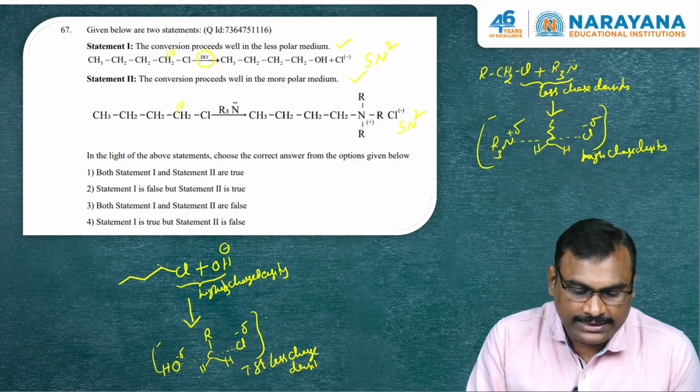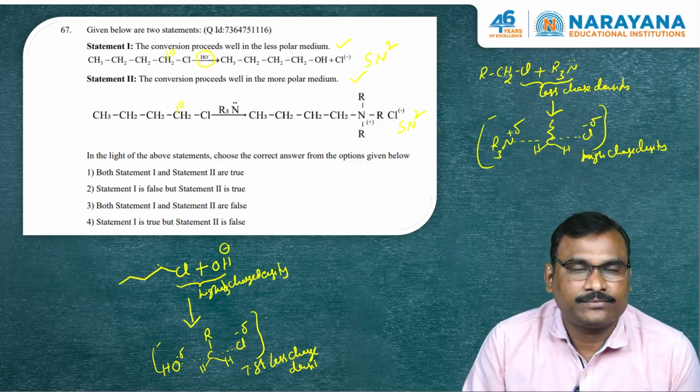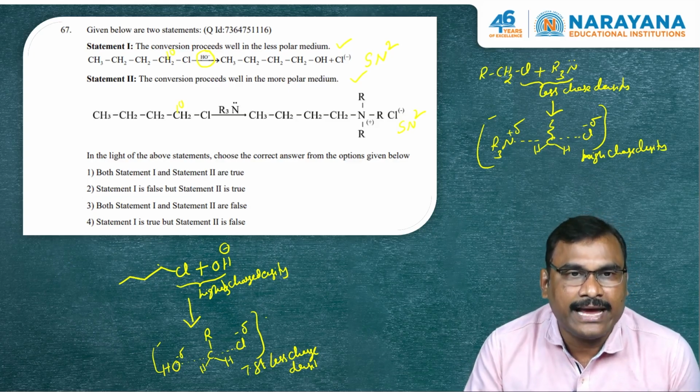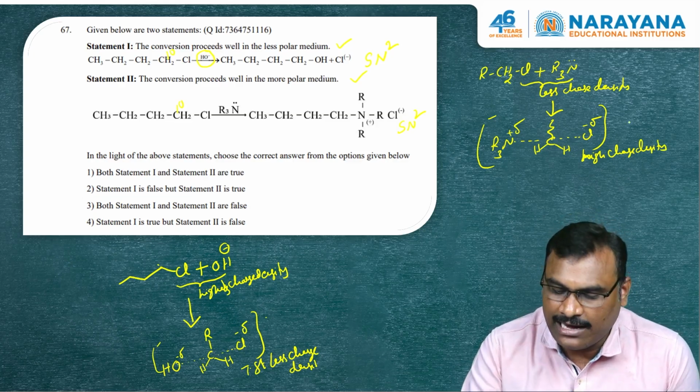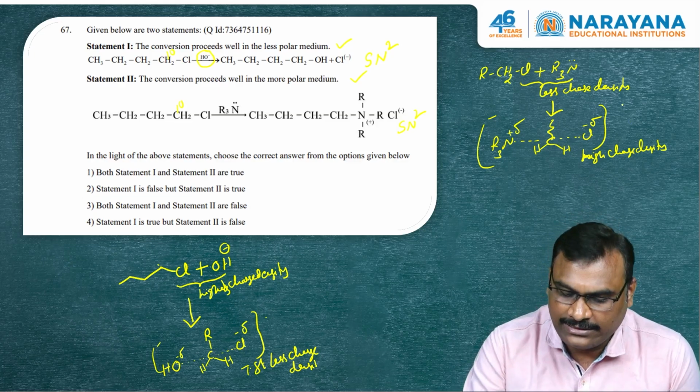So a more polar medium makes the reaction faster by decreasing the activation energy of the reaction.